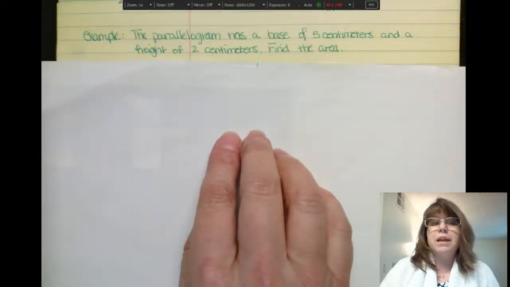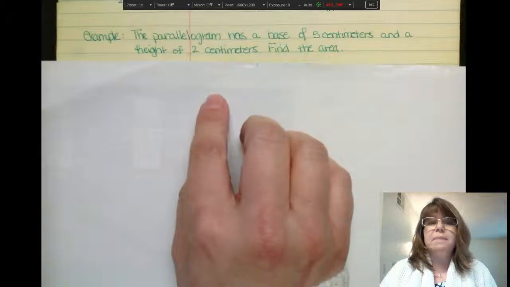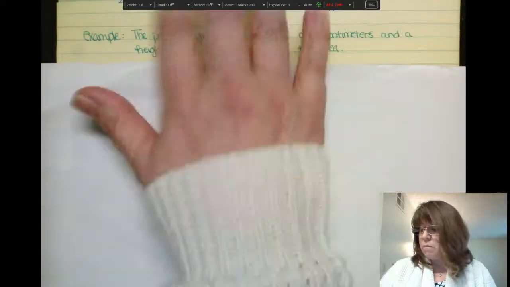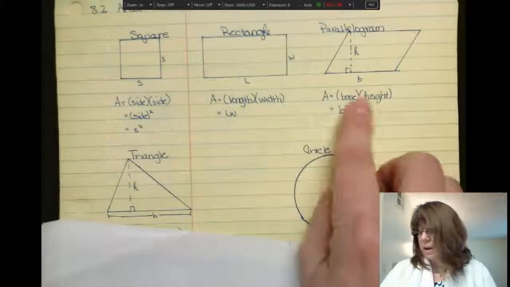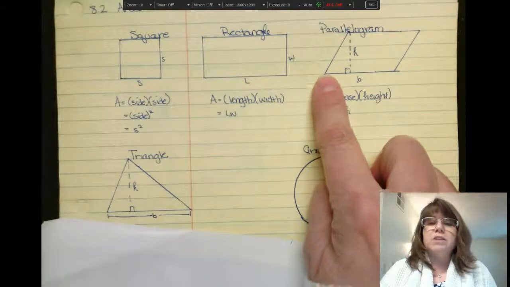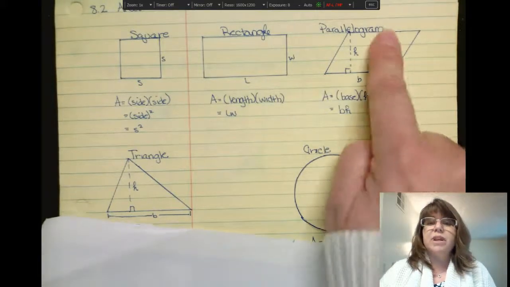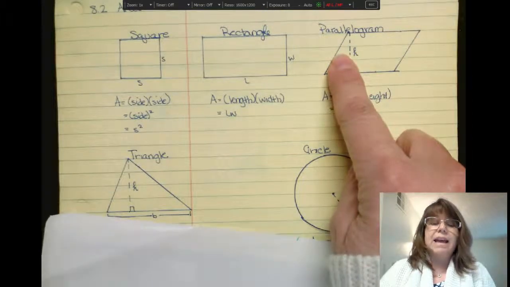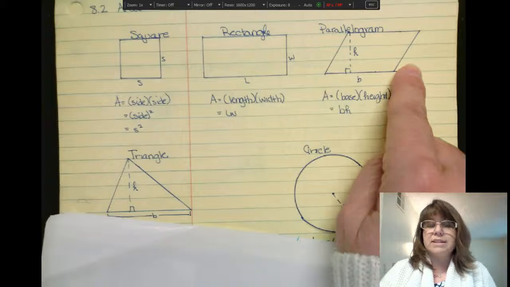Here's an example. A parallelogram has the base of 5 centimeters and the height of 2 centimeters. Find the area. If you remember, let's go back to see what a parallelogram is. A parallelogram is two lines that are the same length connected diagonally or at a slant with two lines that are also the same length.